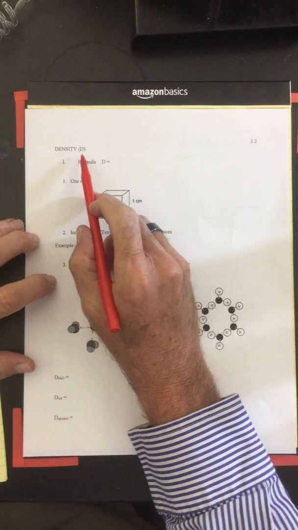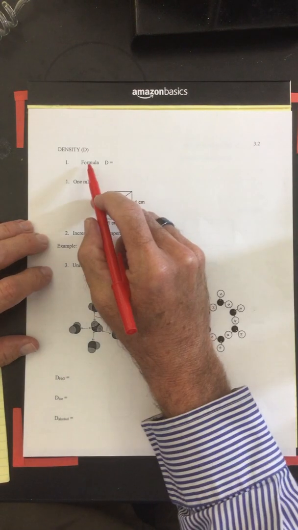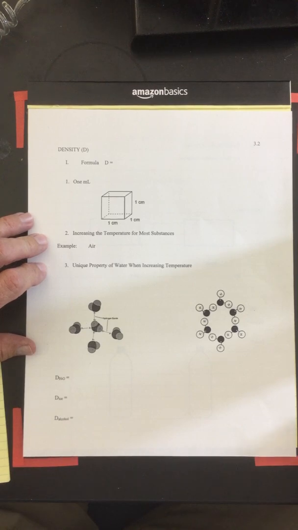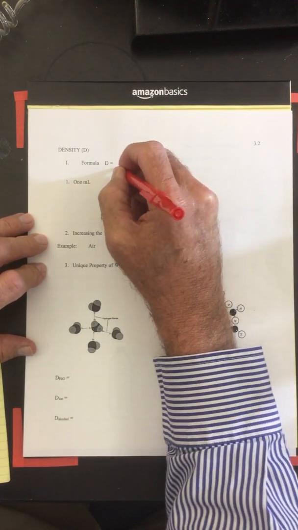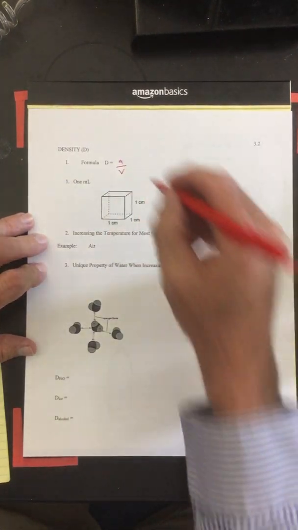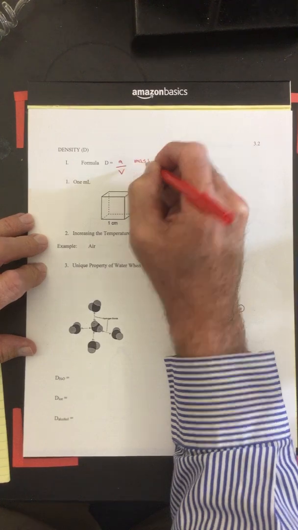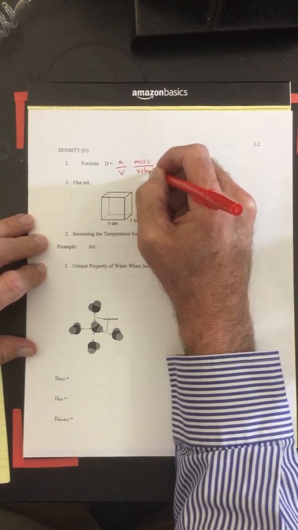So density is often a capital D. That is how we will see it. So this is actually saying the formula for density. So the formula for density is going to be equal to mass over the volume. And so lowercase m is your mass, and uppercase V is going to be our volume.